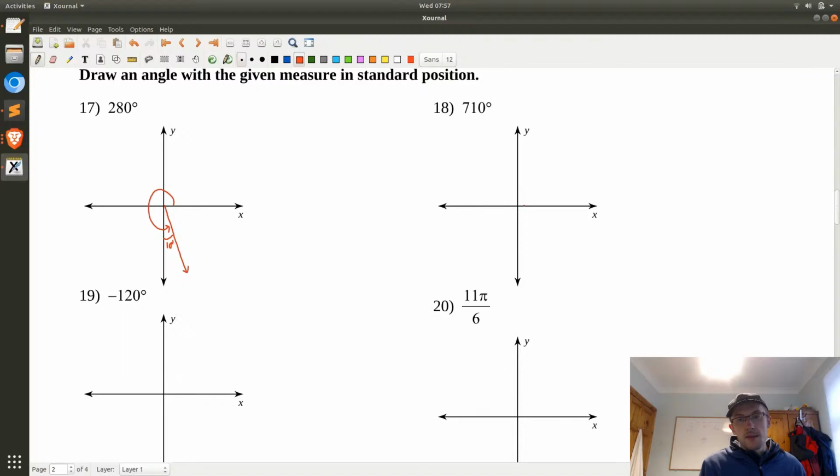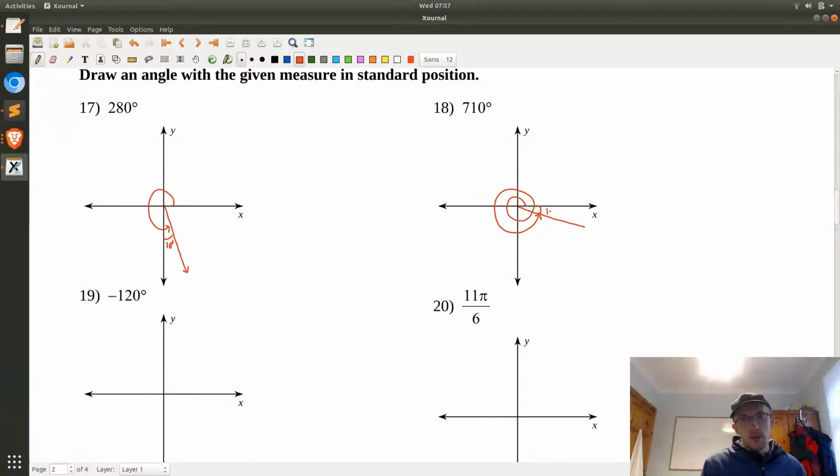710 degrees. Okay, well, 720 degrees is 2 full turns, so 1 full turn. And just before you get to 2 full turns, a little bit under.